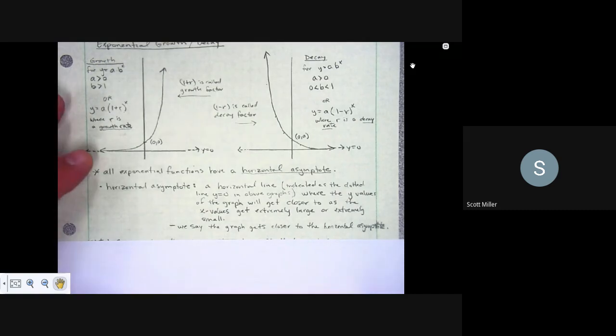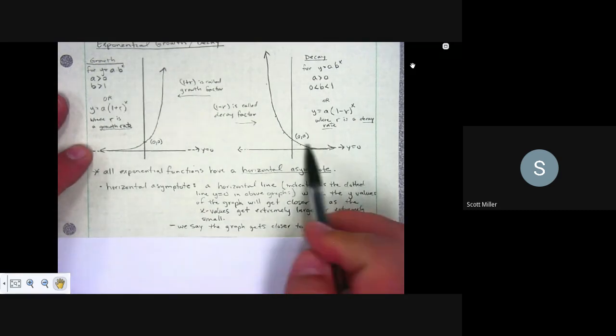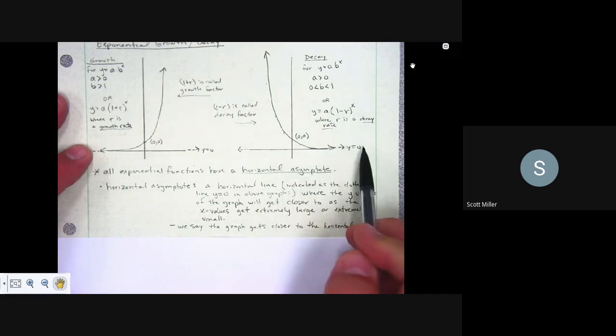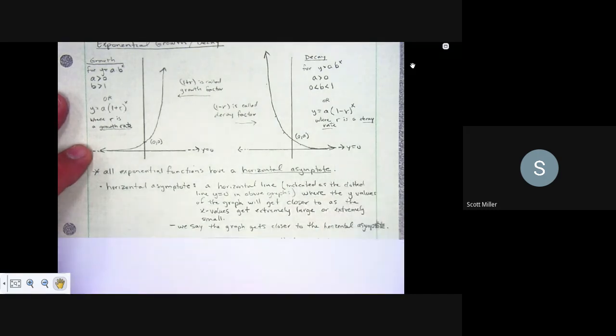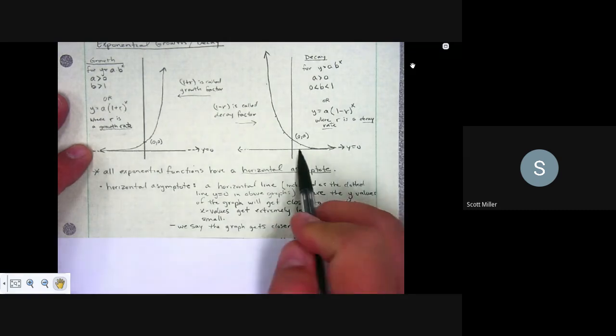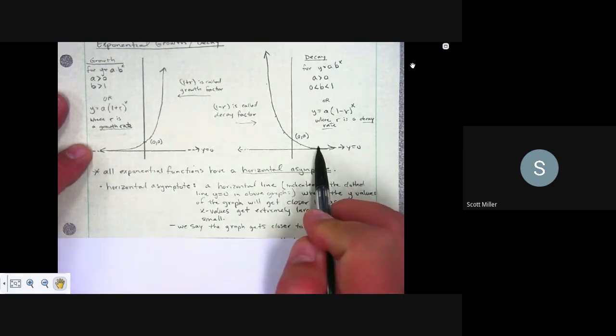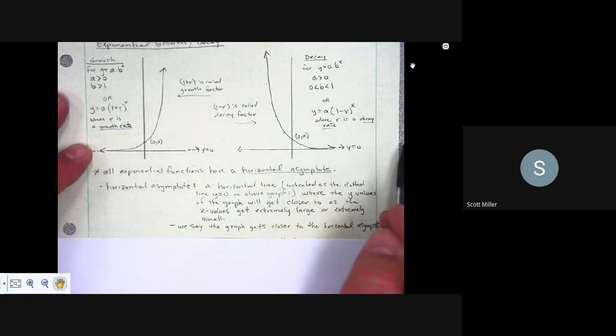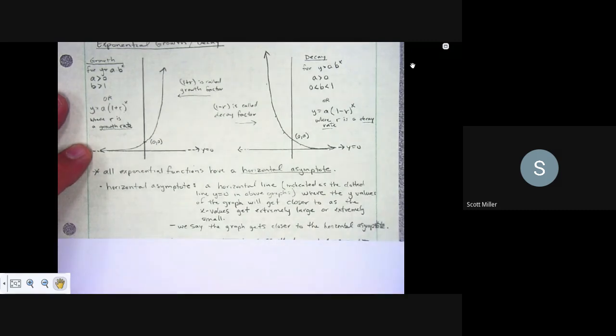Now, some people say, right now when you first learn this, you'll notice that this graph right here will not cross the horizontal asymptote. But just know that that is not always true. Graphs can cross a horizontal asymptote. The only stipulation for a horizontal asymptote is the farther out I go, the closer the y values get to 0. That's what makes it a horizontal asymptote.